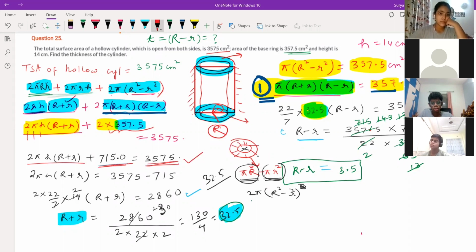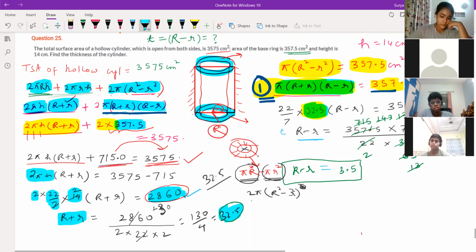Next, I'm sending this 715 to the other side, so I'm getting 2860. Now I'm putting the value here, 2 pi h, and from here I'm getting R plus r is equal to 32.5. Is it clear, children, till here?